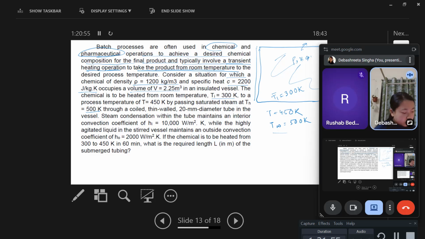Through a coiled thin walled 20 millimeter diameter tube in the vessel. So inside the vessel there is a coil. Okay, the diameter of that coil is 20 millimeter, that means 0.02 meter.